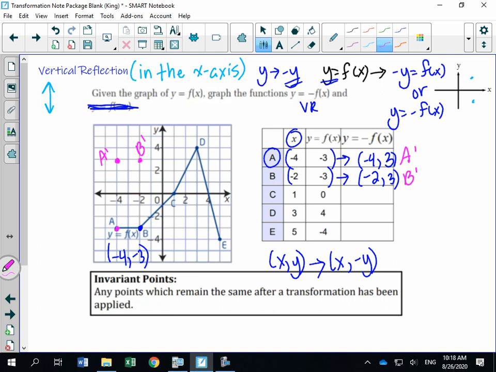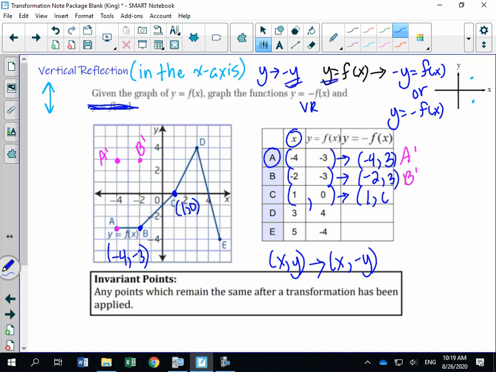Okay, C. C was 1 comma 0. So here's C, 1 comma 0. Something interesting is going to happen here. The x stays the same, and for the y, if you put a negative in front of 0, negative 0, that doesn't change it, right?